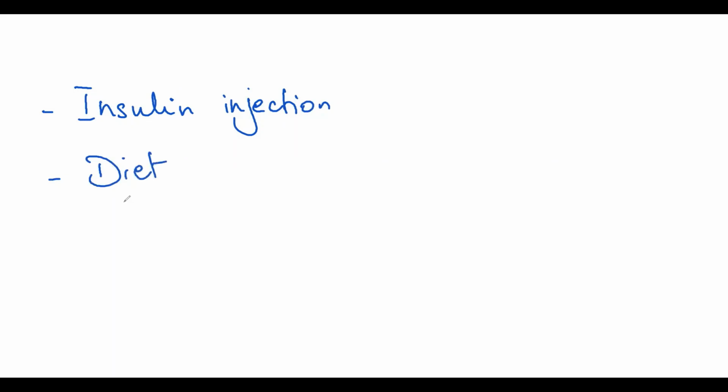Do not include too much carbohydrates in the diet, because we knew that carbohydrates are going to change into glucose. And of course, there is no insulin to allow the cells to use up this glucose. So this will lead to high levels of glucose in blood. That's why these patients have to reduce as much as possible carbohydrates in the diet.